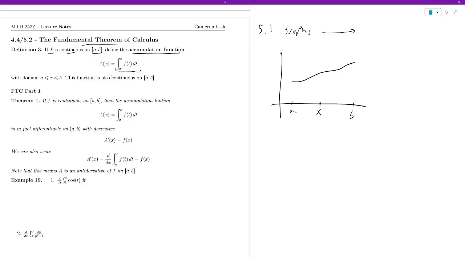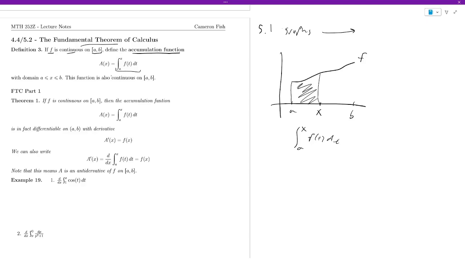I could figure out the area under the curve from a up to that point x, and I could write that as the integral from a to x of my little function f. That's going to be some area number.